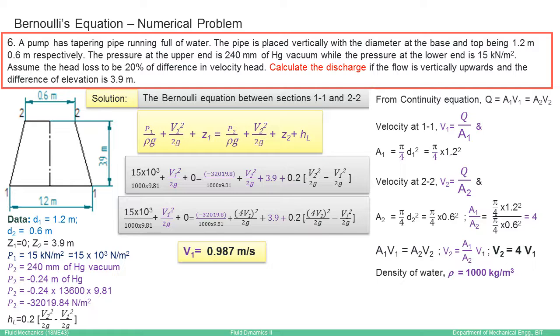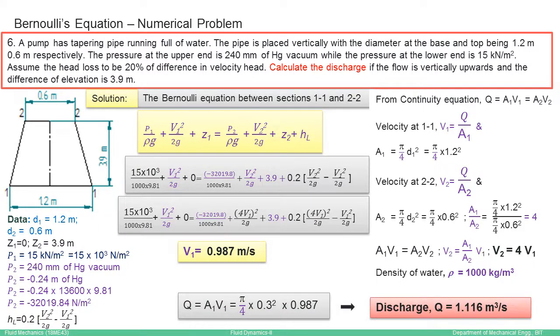And when this v1 is obtained, you know that Q is equal to a1 v1, and a1 is pi by 4 into d1 square, where d1 is 1.2 meters. We can find out the discharge as 1.116 meter cube per second. So this problem is on finding out discharge given velocity heads indirectly or the loss of head. So considering all this, we can find out discharge.